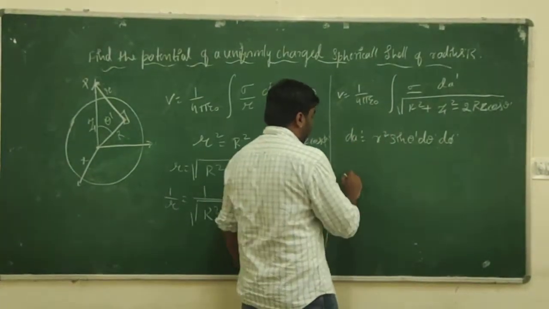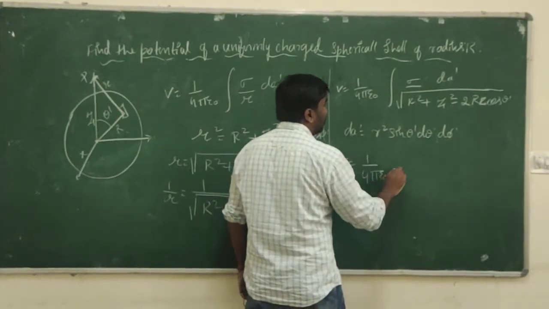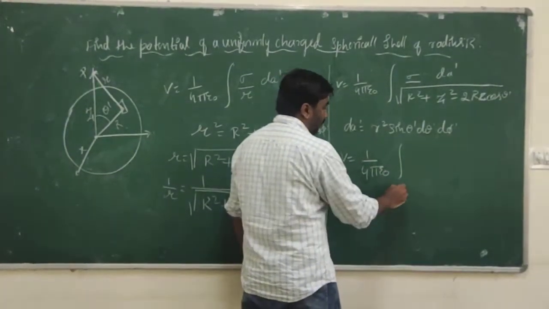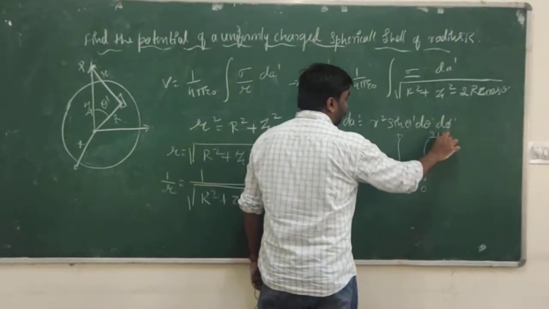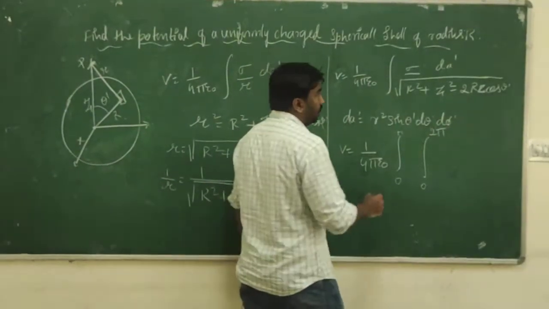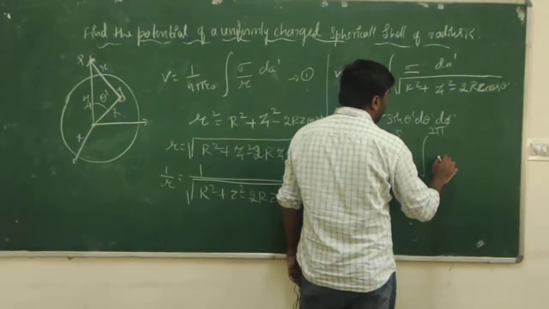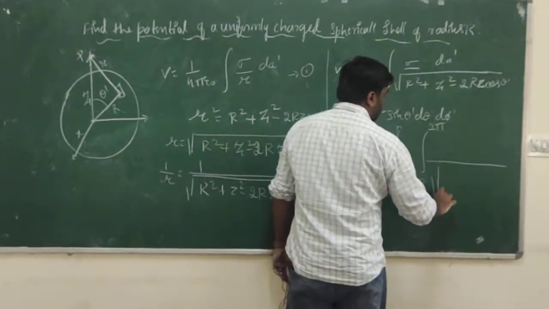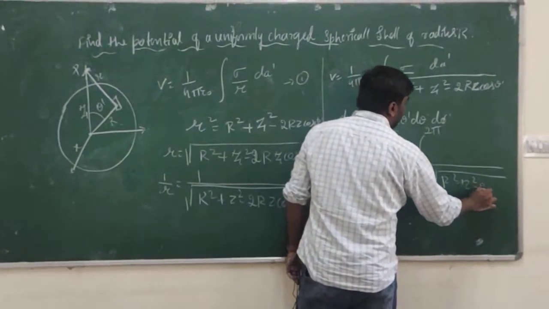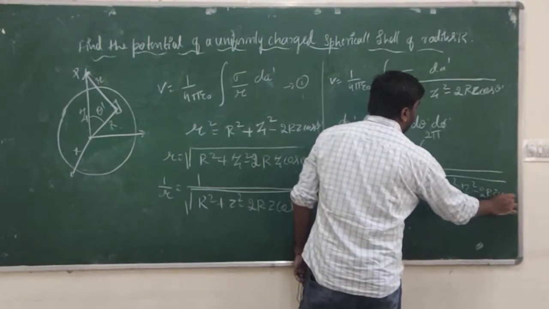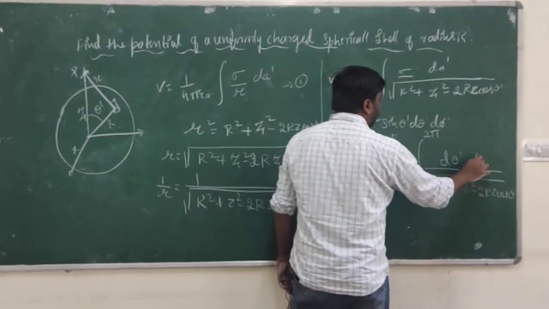Let us substitute: V is equal to 1 by 4 pi epsilon naught, integration with theta varying from 0 to pi and phi varying from 0 to 2 pi, and sigma is a constant, so take that outside, into dA dash, and substitute here r square plus z square minus 2rz cos theta dash, into d theta dash and d phi dash.